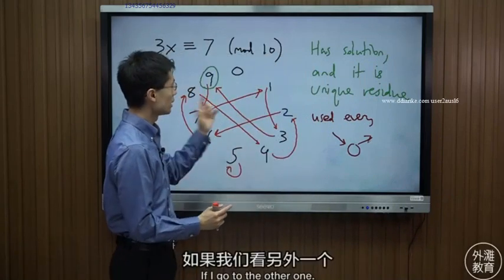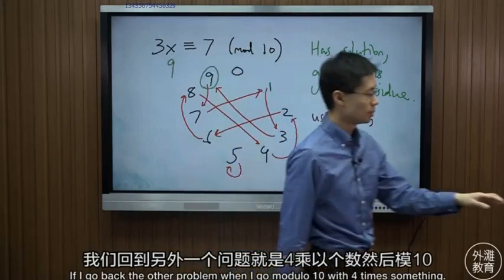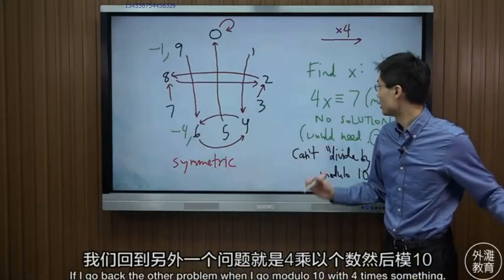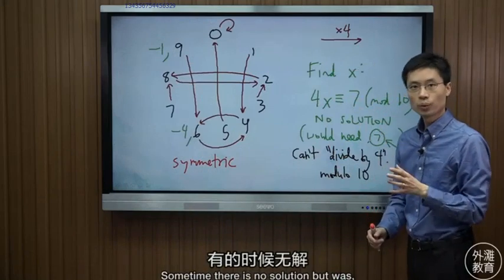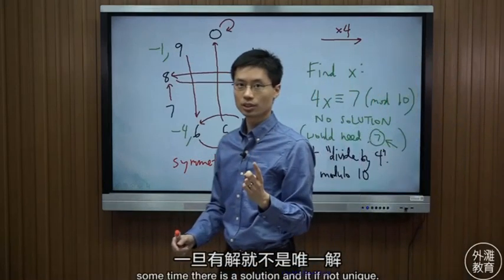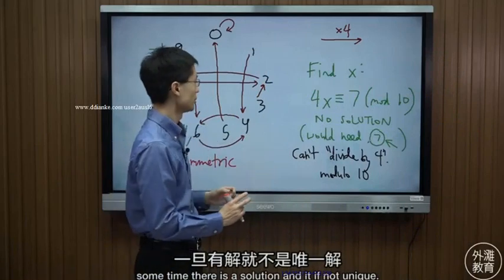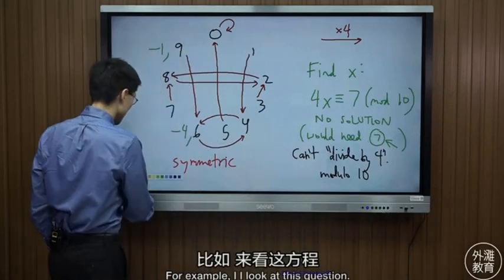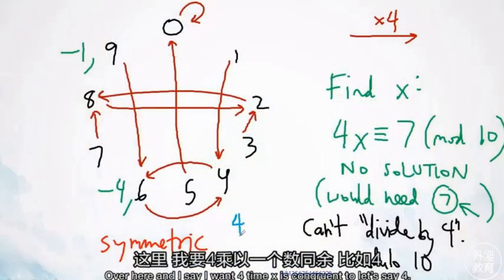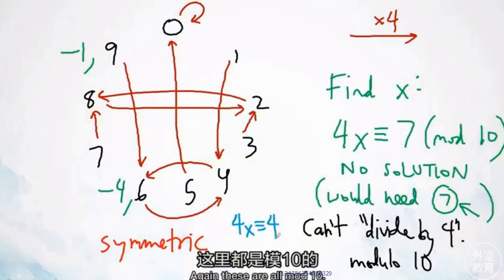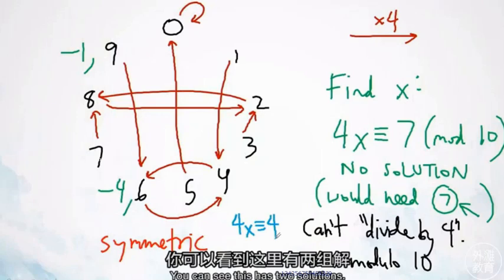If I go back to the other problem, when I go modulo 10 with 4 times something, sometimes there's no solution, but worse, sometimes there is a solution and it's not unique. For example, if I look at this question over here, and I say I want 4 times x congruent to, let's say, 4, you can see that this has 2 solutions.